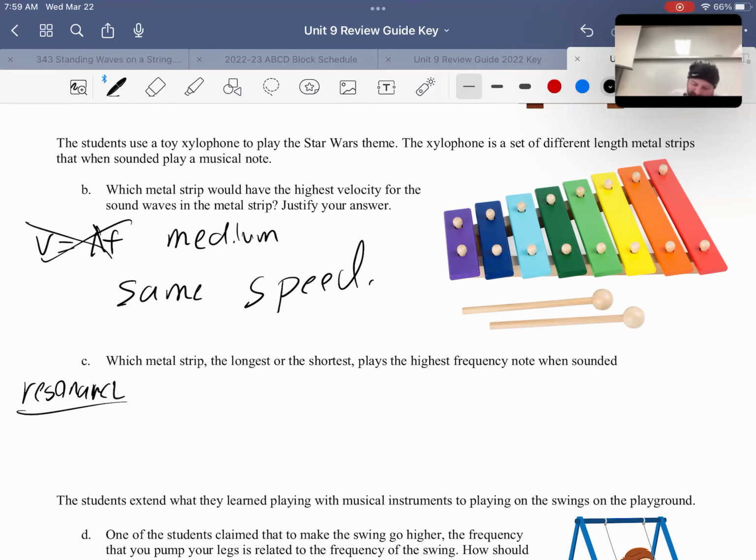So that red one there is going to have the biggest wavelength, and the purple one there is going to have the shortest wavelength. But since velocity is going to stay constant, then that's wavelength times frequency. The smaller the wavelength, the bigger the frequency. And so the shortest will have the highest frequency.